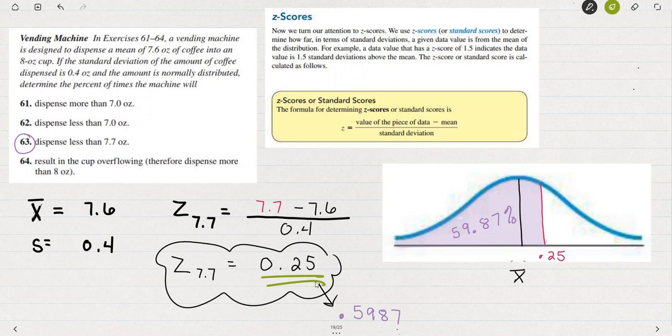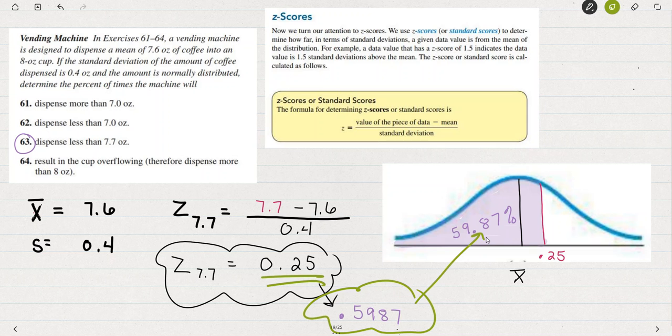Then when I open the table, I find that for a z-score of 0.25, the percent is 59 and 87 hundredths percent. The decimal number is 0.5987, and I can translate that to a percent of 59.87.